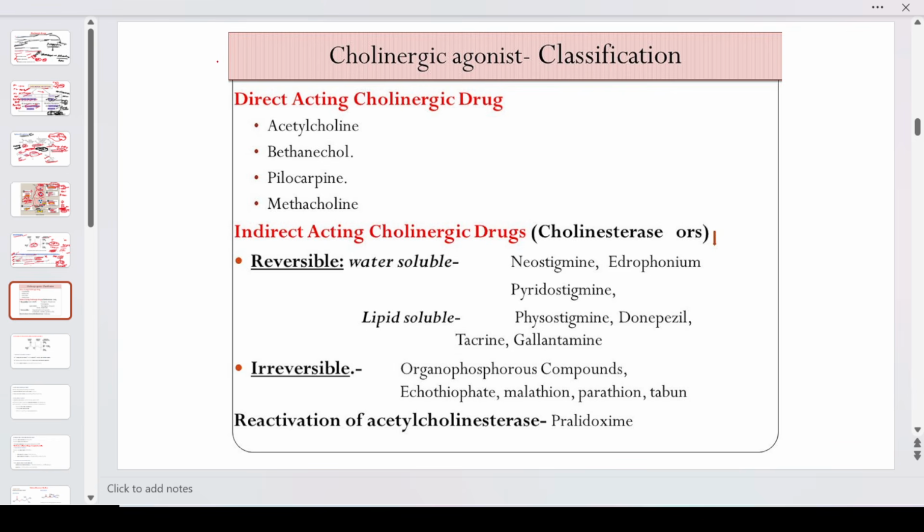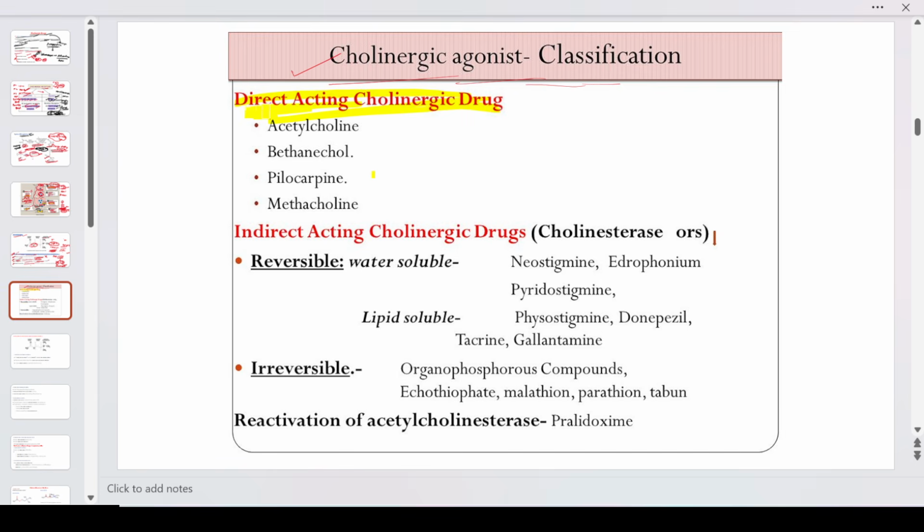Now, coming towards the major part, cholinergic drugs or cholinergic agonists are mainly classified into various types. First type is direct acting cholinergic drugs.